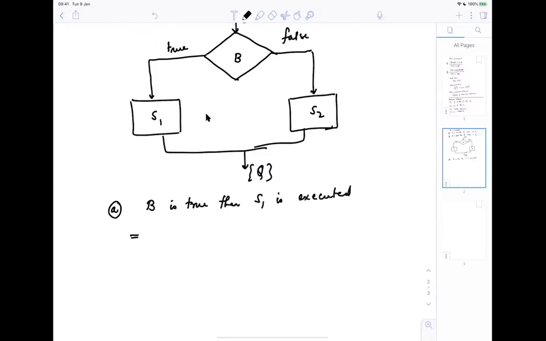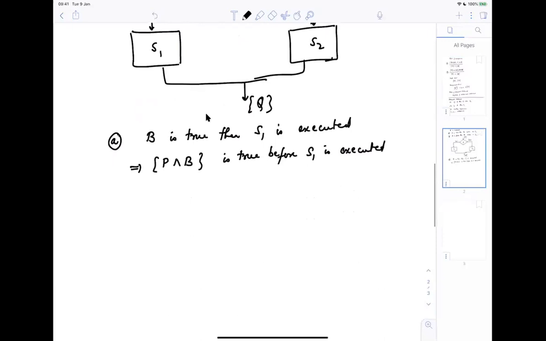This implies P and B is true before S1 is executed. Okay. So we have here P and B, S1, Q.